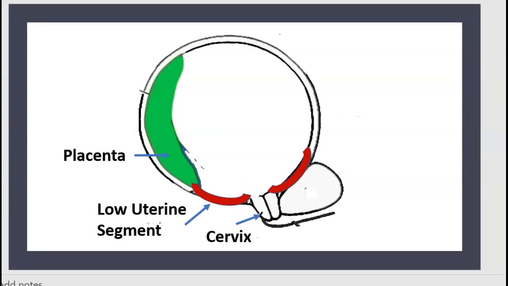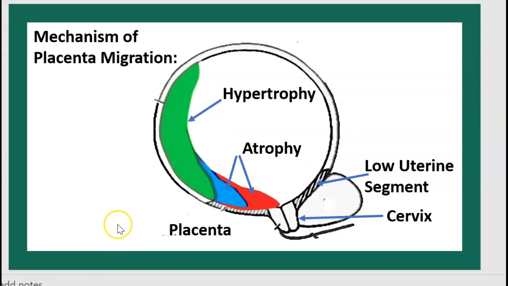The essential characteristic of Placenta Previa is about the low uterine segment. Here is a normal insertion of placenta. This is the cervix. The most important issue in this chapter is the low uterine segment. How does the migration of placenta occur?